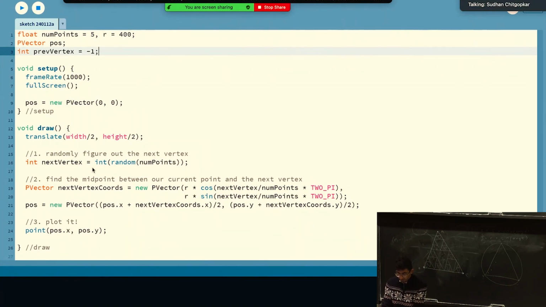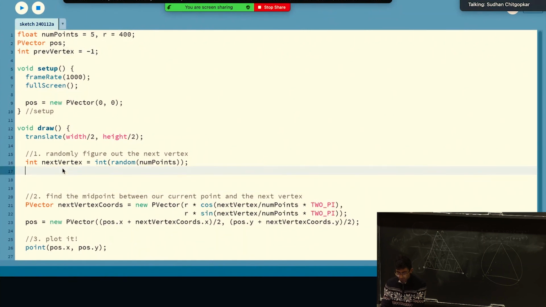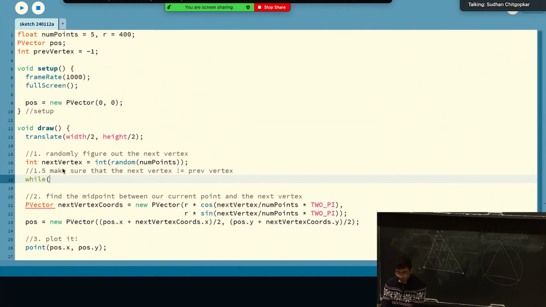And now we can say, maybe step 1.5 is make sure that the next vertex is not equal to the previous vertex. So maybe we can say, while our next vertex is equal to our previous vertex, let's go ahead and randomly generate a new point.